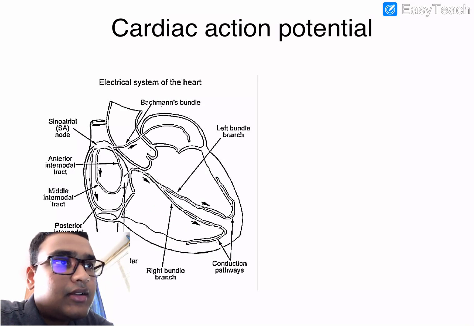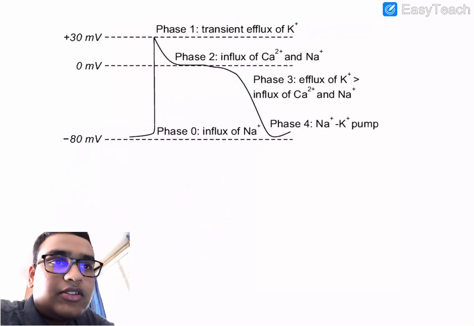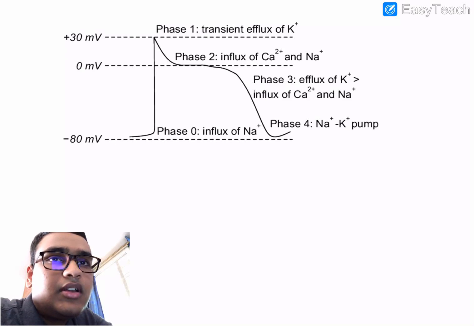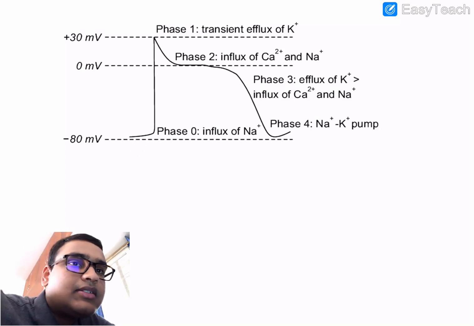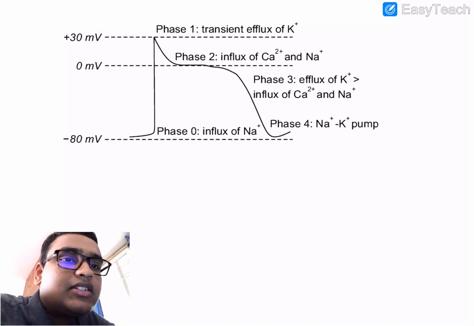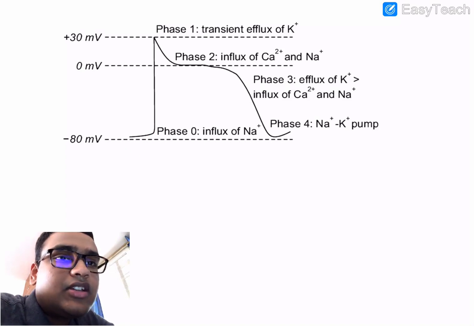And as you all know from your physiology days, this is the electrical cardiac action potential. Whenever the impulse is generated, there is a change in the ionic channels along the cell membrane. During phase 1 there is a peak here, with efflux of potassium ions.